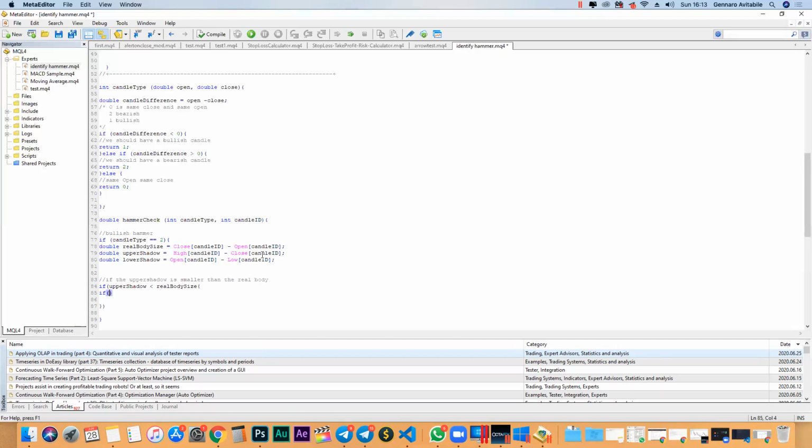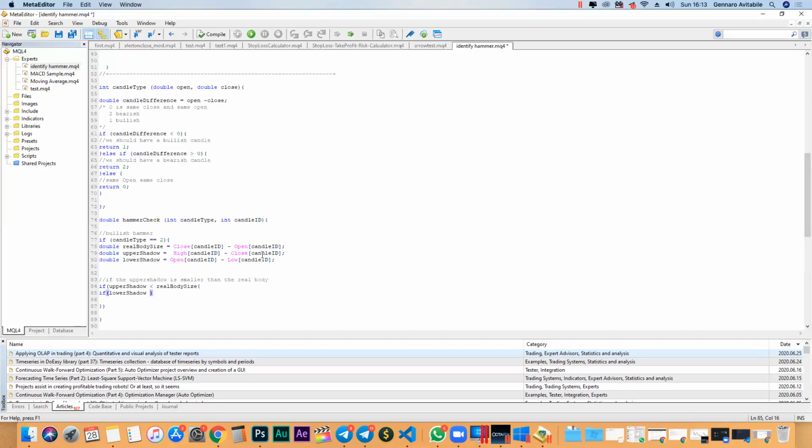So we're going to say that if lower shadow modulus... oh no. Oh, wow, this is not easy.